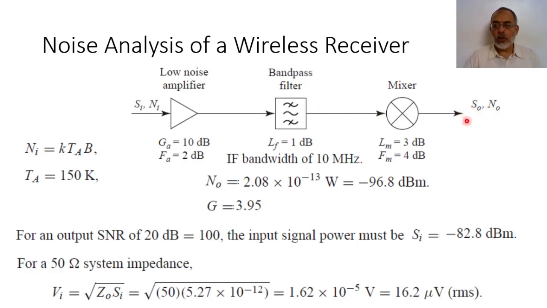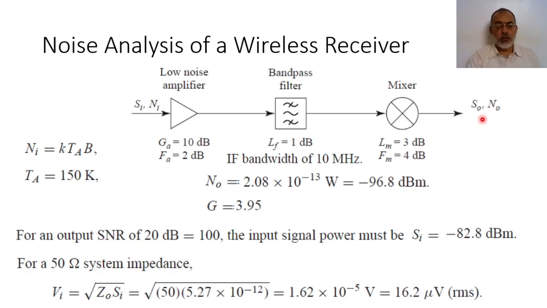Now we have the input signal, and effectively we have the input noise. The input noise is K multiplied by the equivalent temperature of the antenna multiplied by the bandwidth. What will be the situation if we try to calculate the output signal to noise ratio, or the output noise, from the noise figure?